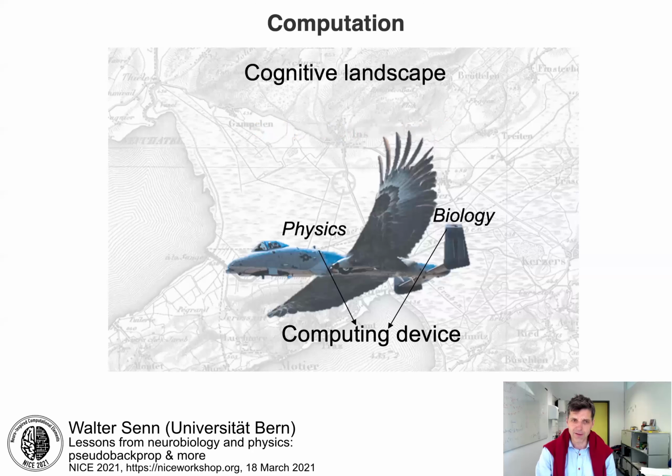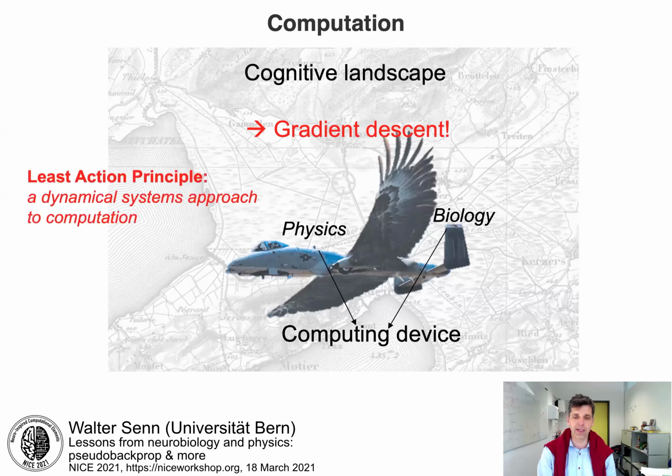And the physical theories behind are certainly important because this is a physical device, but also because with these physical theories, you have a tool in the hand to describe dynamics in real time, as we heard in the talk before. So we let us inspire by this least action principle.